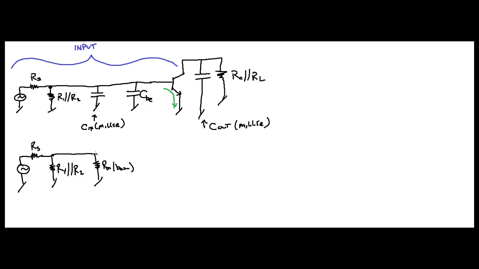Okay? And now over here, we're going to have two capacitors, right? That's C in Miller, and then you're going to have another one, which will be CBE, your base emitter capacitance.